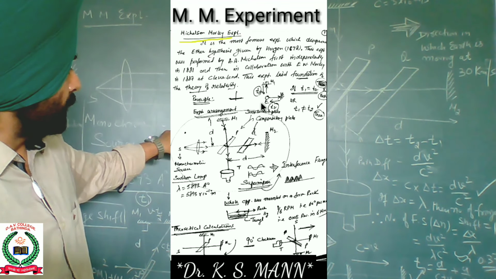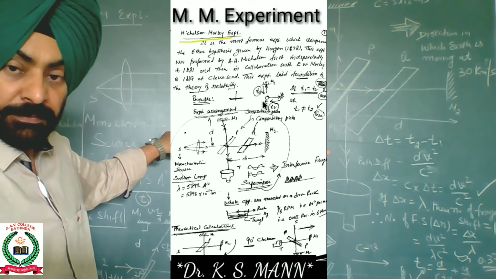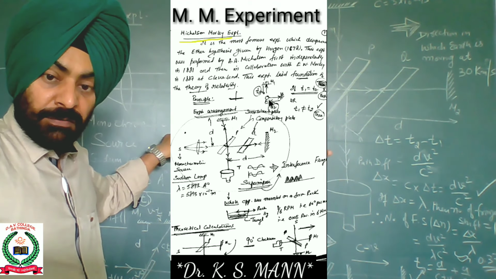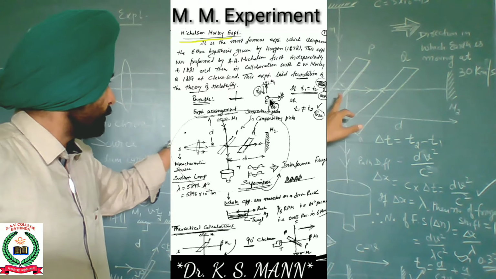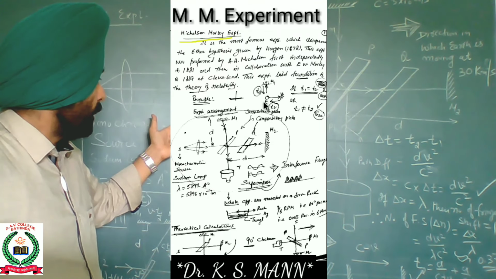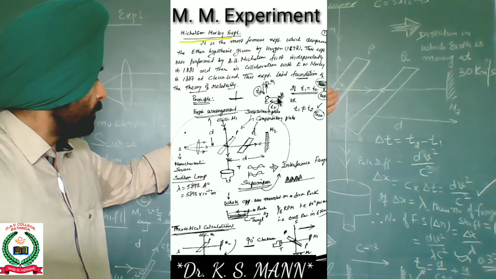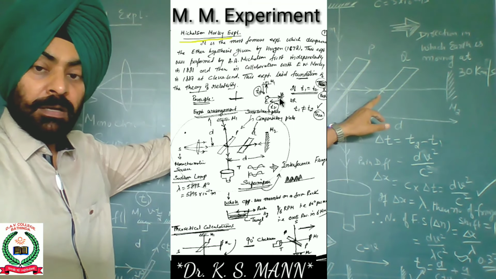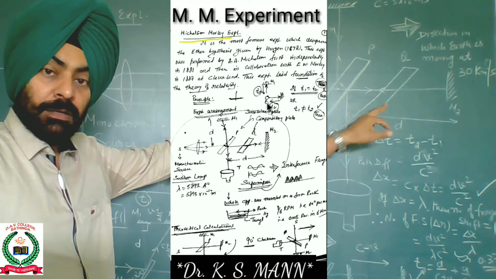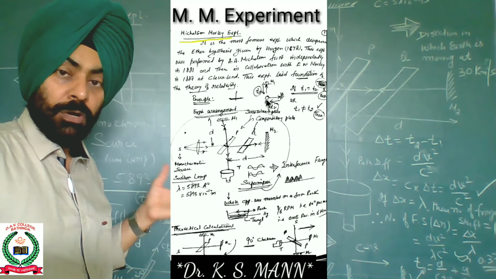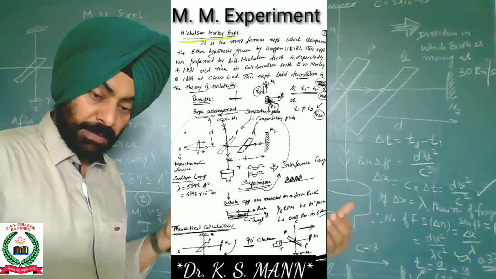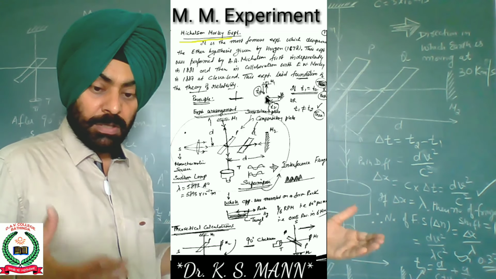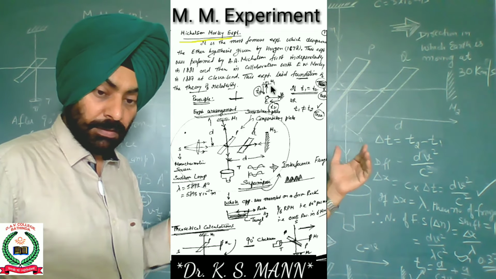The direction in which Earth is moving is considered the longitudinal direction, and the light signal is sent in that direction, reflected back from the plane mirror, and comes back to the starting position. Similarly, from the same point in the transverse direction, the light signal is sent and returned by the plane mirror M1.